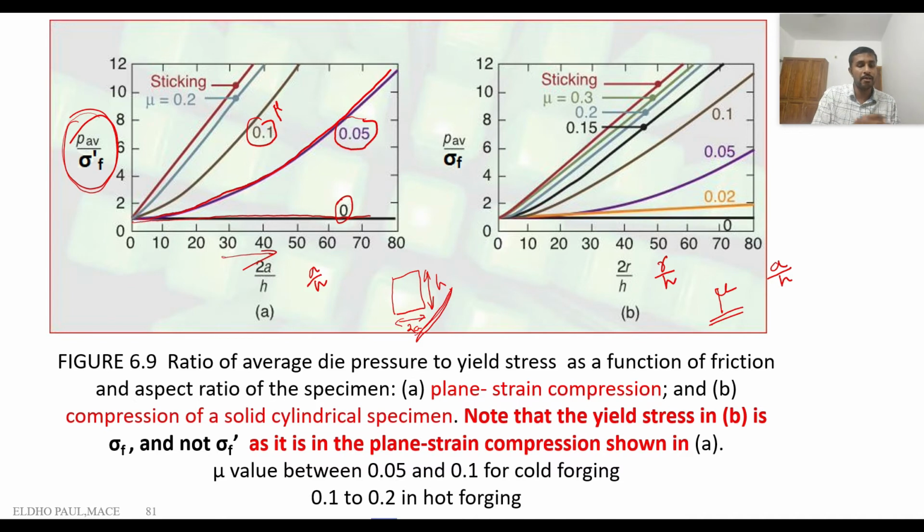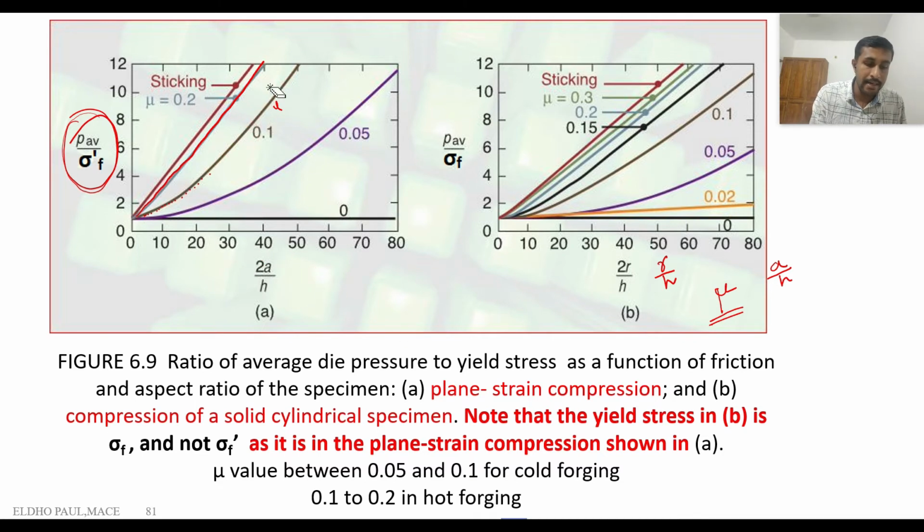In case of higher mu value, the significance of the A by S ratio is very high. So we can see the pressure increase is more rapid or more steep under higher mu value when A by S ratio is increasing. So here we can see when mu equal to 0.2, we can see a sharp increase in pressure. The pressure required for the forging is sharply increased. Okay, so this is the variation in the case of rectangular workpiece.